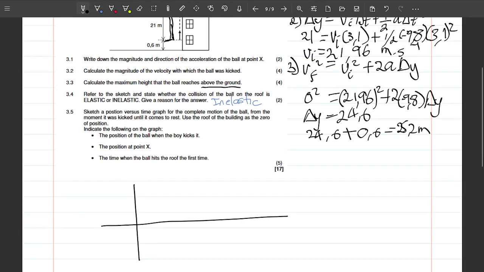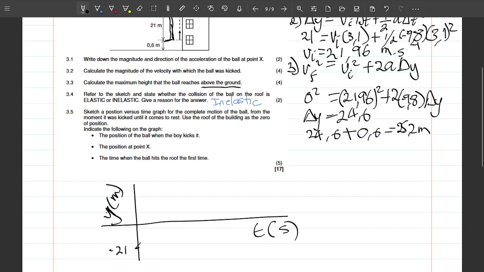Here I'm going to have my time in seconds, and here I'm going to have my position in meters. So it starts off at a negative 21, so it was 21 meters away from its end point, hence I've started with it as a negative.